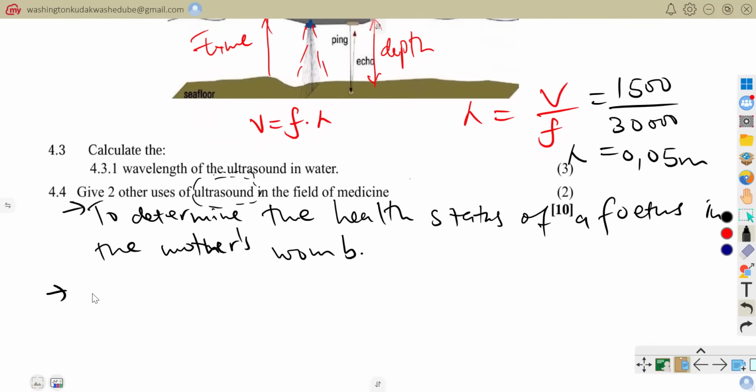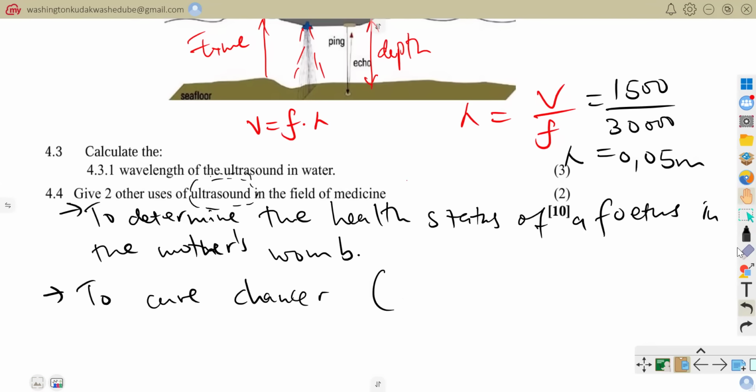This ultrasound can be used to cure cancer, that is, to burn the cancer. It can be used to cure cancer or to burn the cancer. That is the method used in cancer treatment. So you can say it is used for cancer treatment.